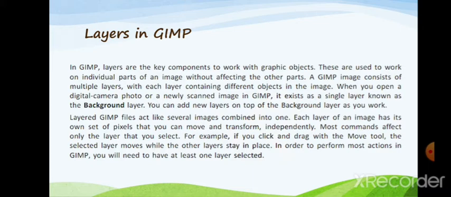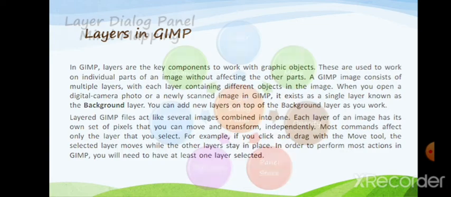Layered files have several images combined into the work. Each layer of an image has its own set of pixels that you can move and transform independently. If you click and drag with the move tool, the selected layer will move while other layers stay at the same place. They will not move.